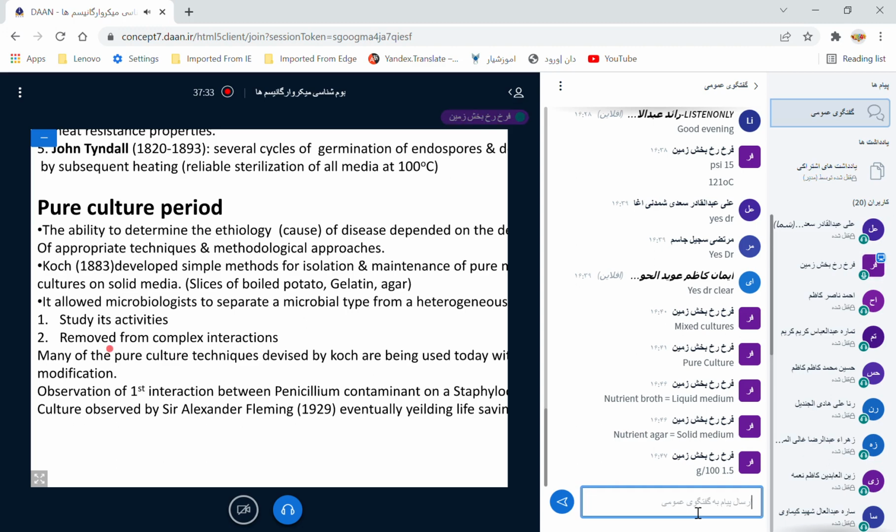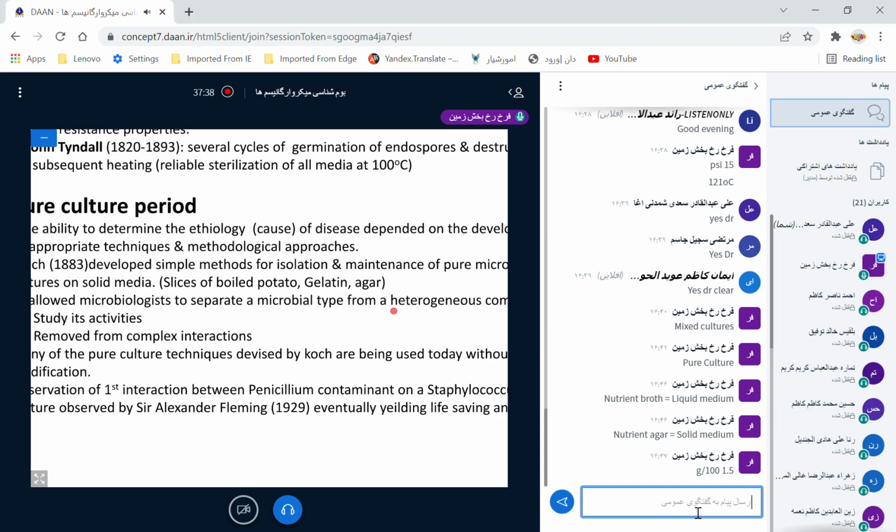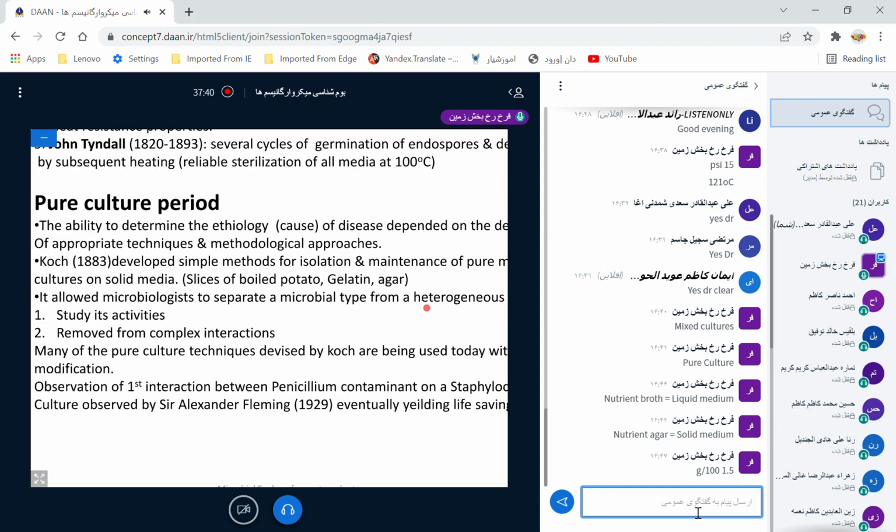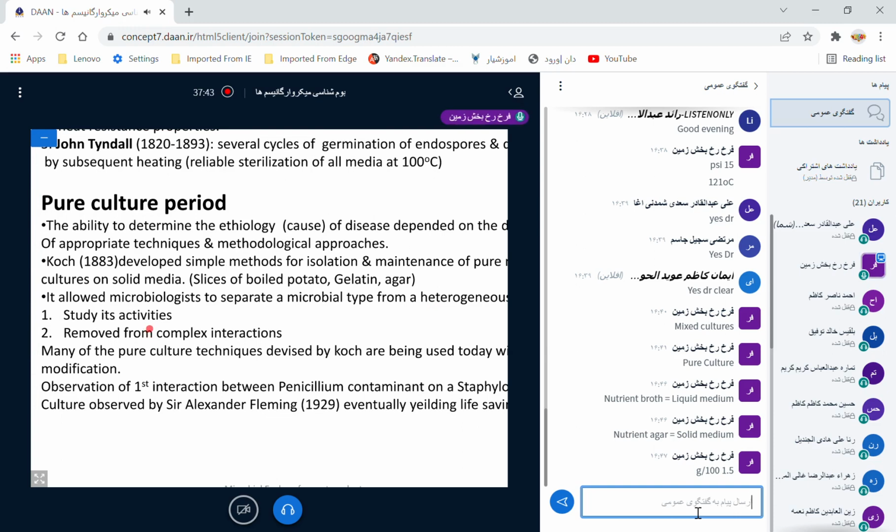It allowed microbiologists to separate a microbial type from a heterogeneous community. For what? When you have one microbe in one plate or in one tube, you can easily study its activity. If 100% are making music, in between how can you understand which one is playing well?